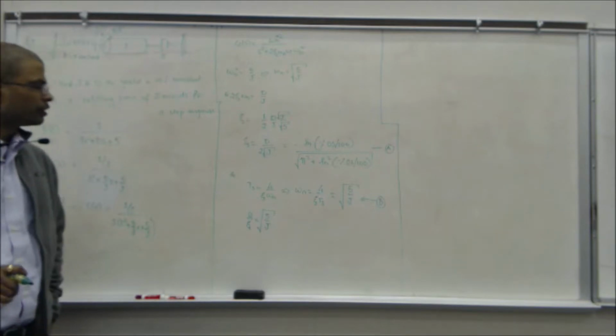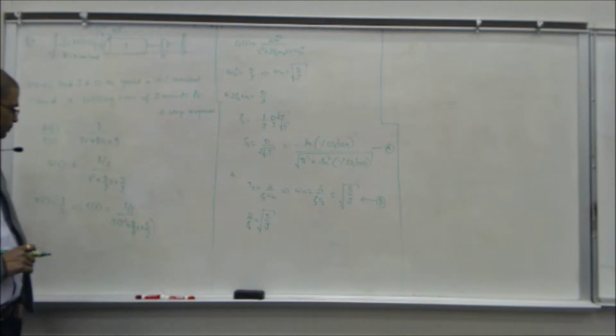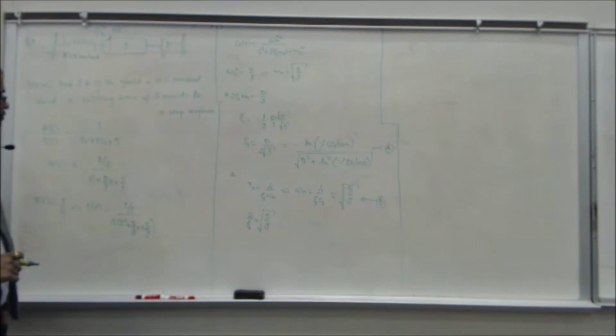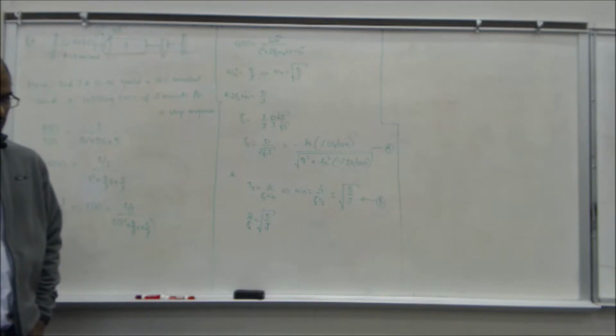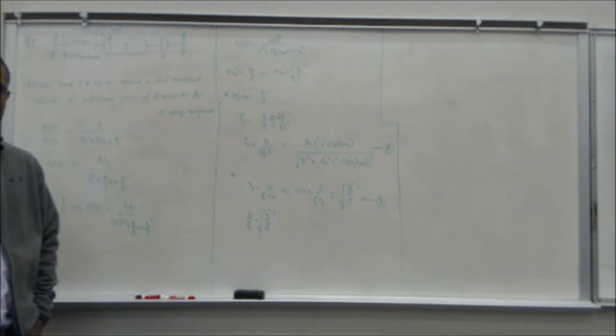All right. So if you look at this chapter, it says time response of first and second order system, right? What has been the dominant component which determines this response in this?